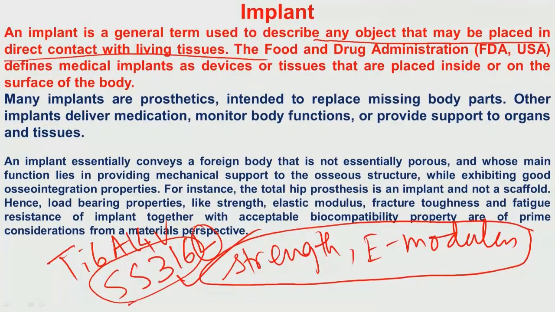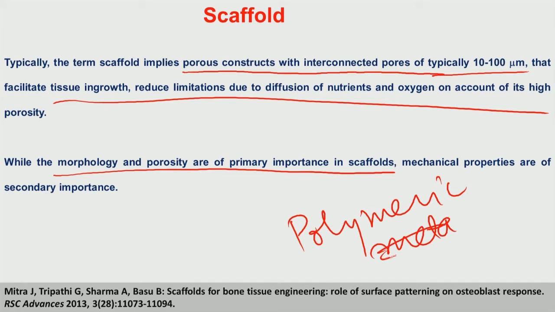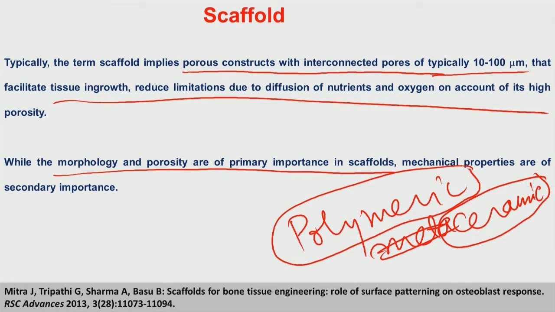Those are popular examples of implants, whereas polymeric and ceramic scaffolds are quite widely used because you can make foamy structures or porous constructs of these polymers, and many of the polymeric materials are biodegradable in nature, so that they can degrade inside the body during long term exposure to the physiological environment.